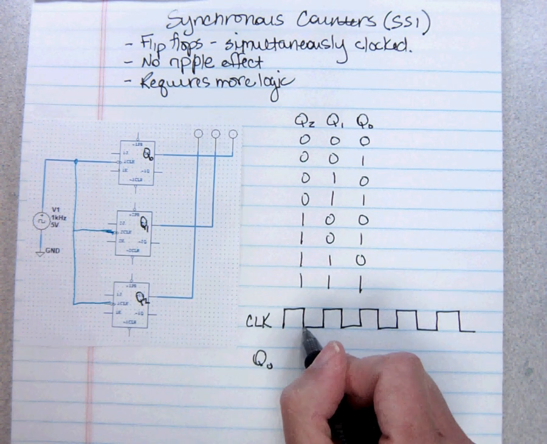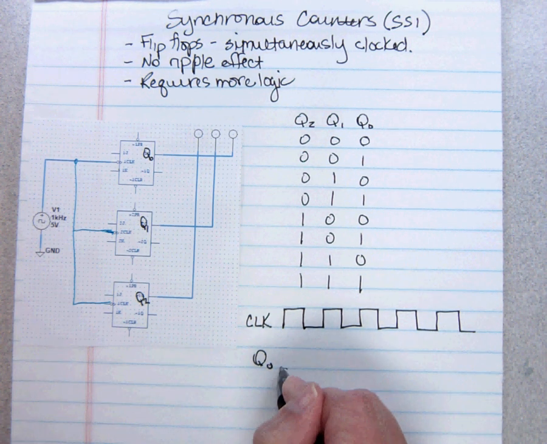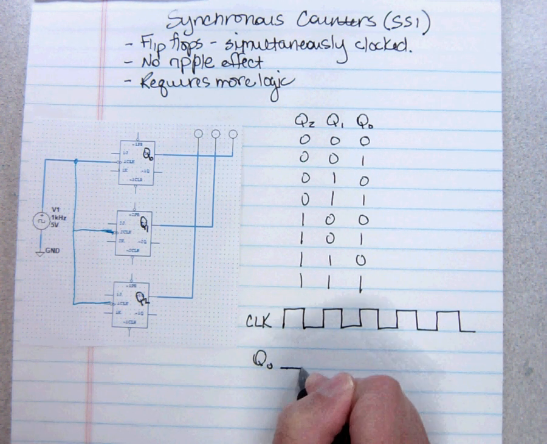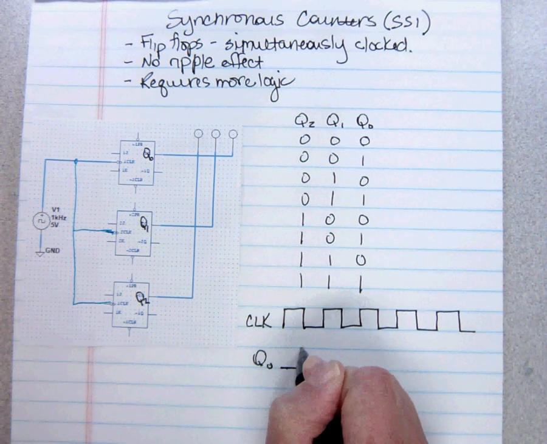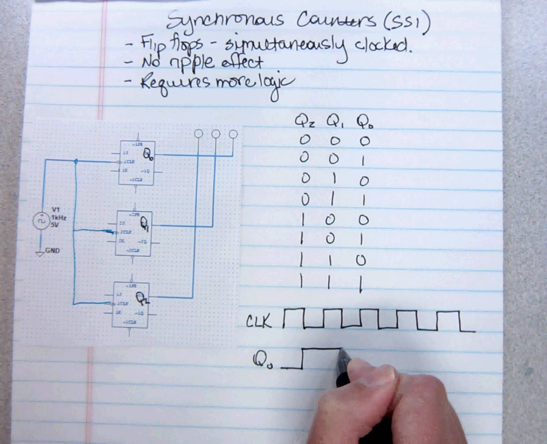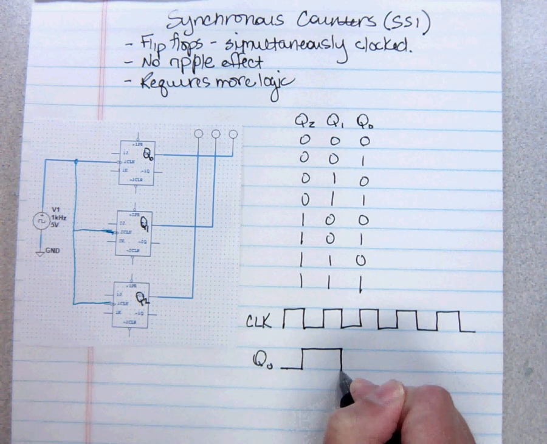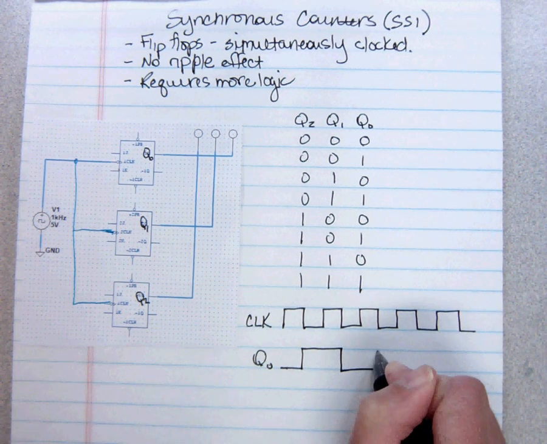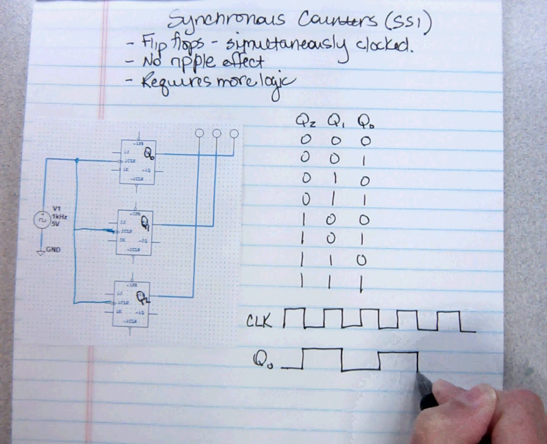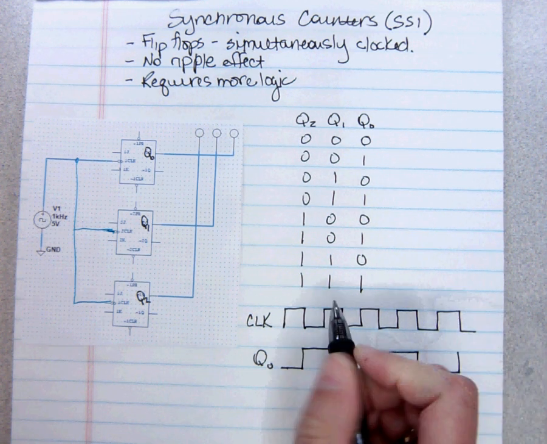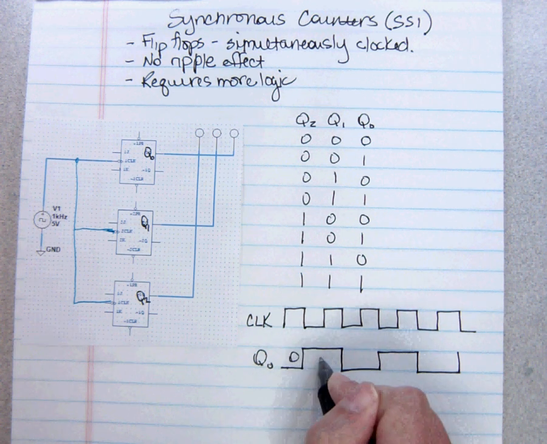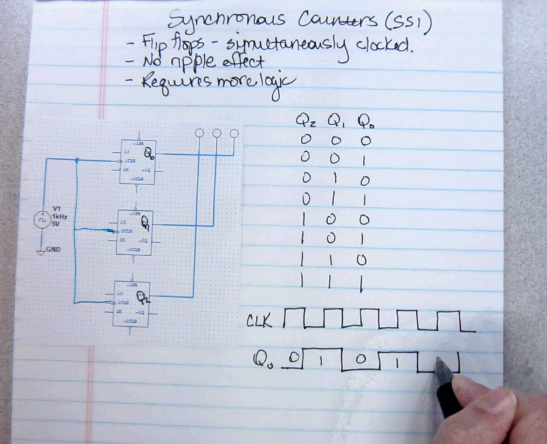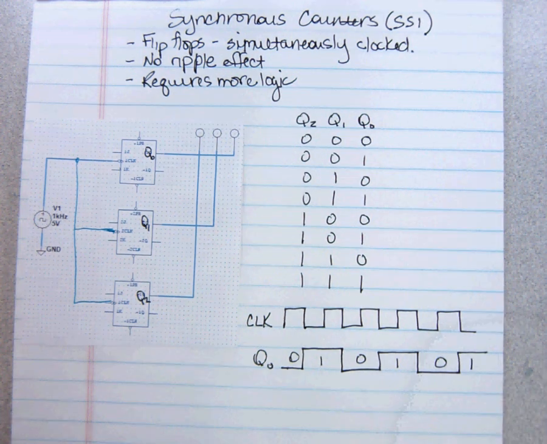So the output Q0 will be changing on the falling edge, which is right here. Our Q0 starts at 0. When it sees a falling edge, it will go to 1. At the next falling edge, we'll drop back to 0. Falling edge will rise to 1, etc. So what we end up with is 0, 1, 0, 1, 0, 1. So that's where we get our first clock output.